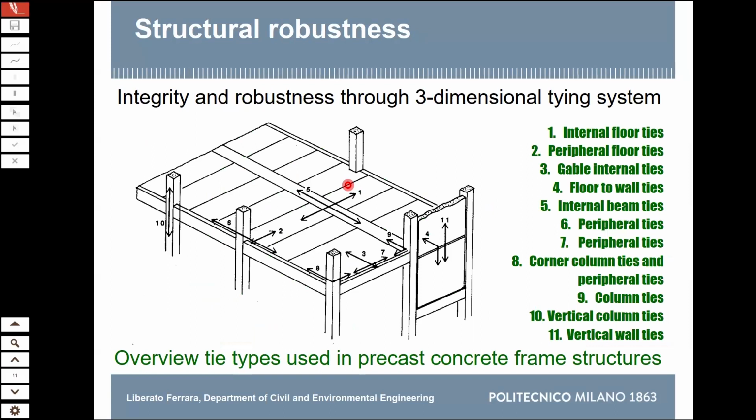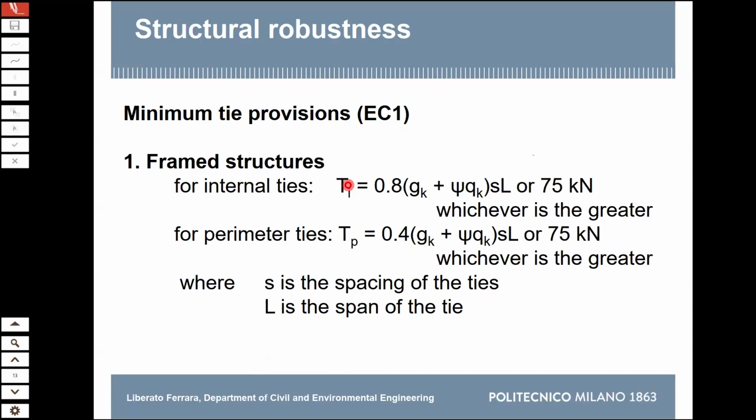But minimum tie, you see, means that you have to tie together the floor elements, the beams, tie the roof elements to the lateral elements, tie the columns together, tie the panels together, and so on. So you really have to provide tying elements throughout all the building. And there is a criterion.